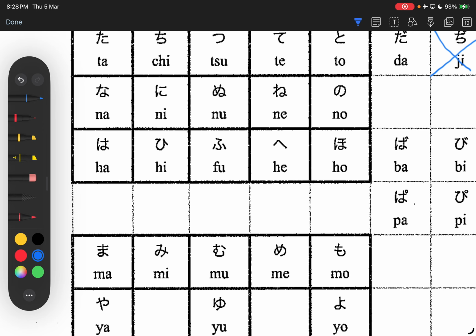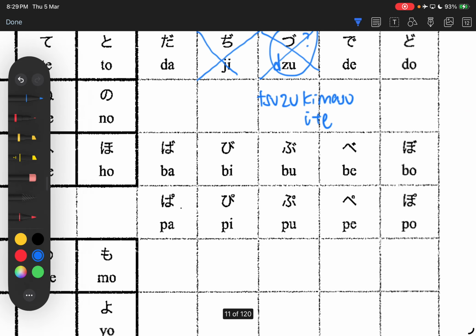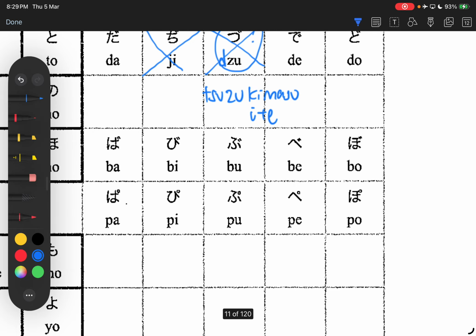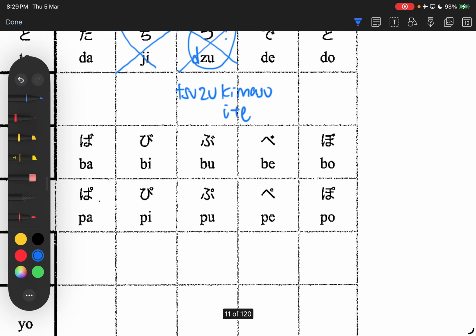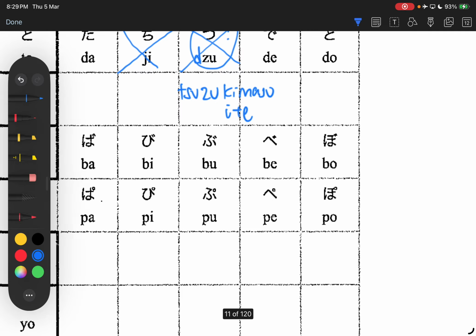Okay, so H, we have ha. When we put two dots, it becomes ba. Ba, bi, bu, be, bo.